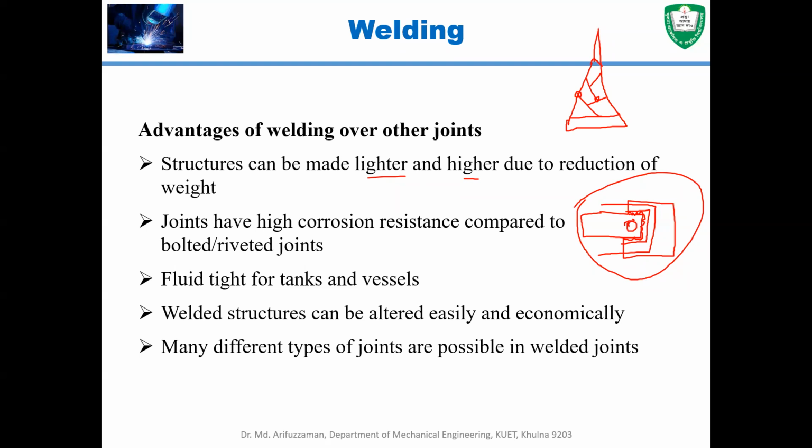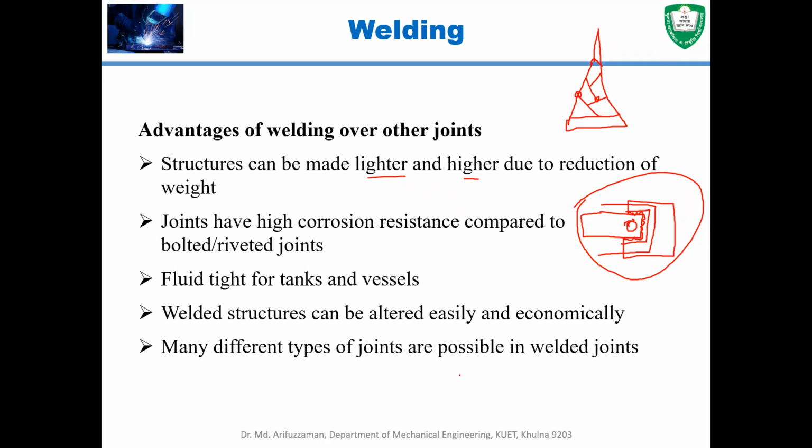You have to remove all of these, put that one in and do the drilling, and then maybe one bolt is not enough, so you might need two or three bolts together, and there is a huge amount of extra work involved. That is why welding is more economical in terms of altering the design.